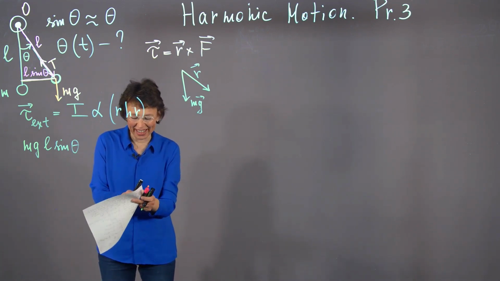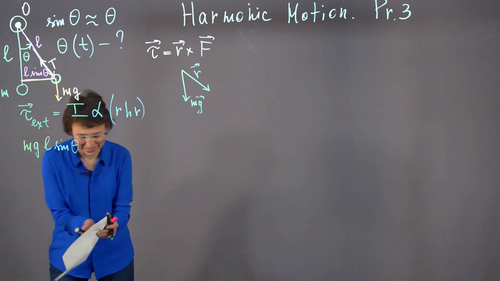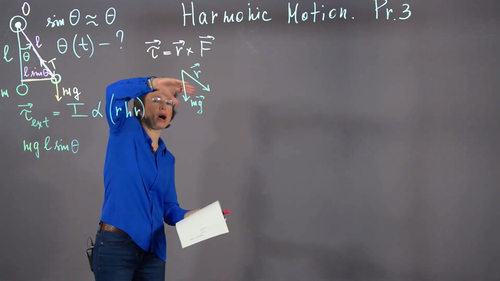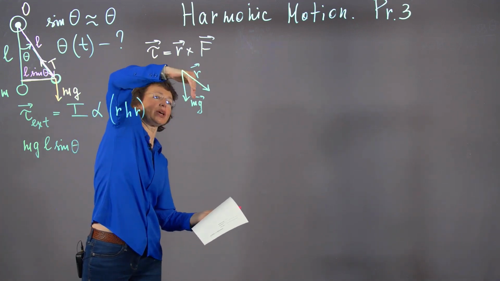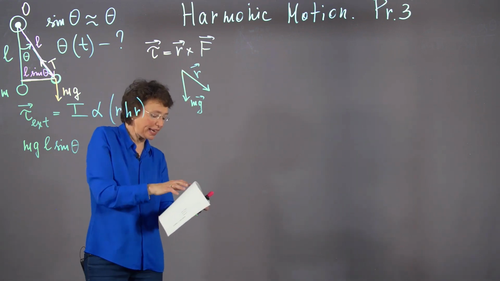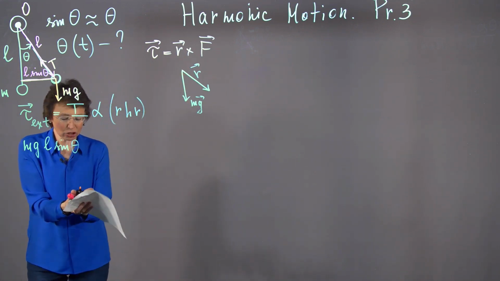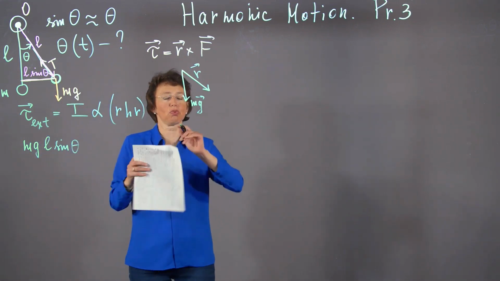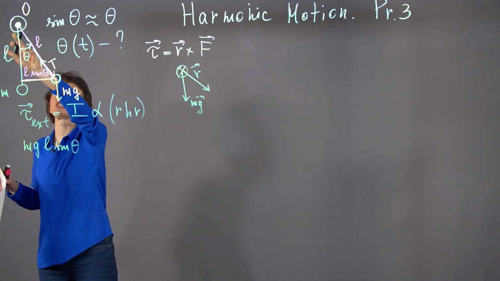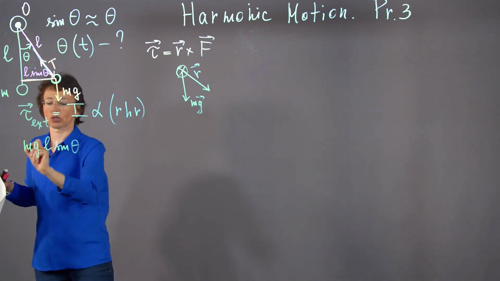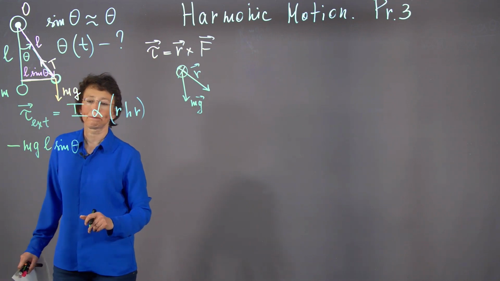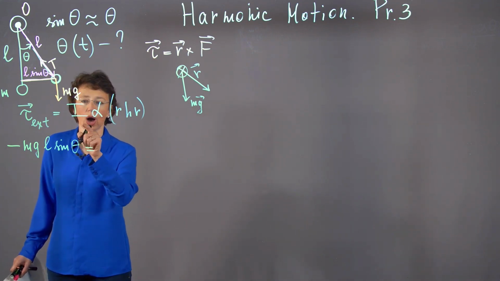I will use my left hand because you see my mirrored image. Let me try. So from R to mg, what will be the direction of the torque? It will be into the board. The direction of torque is into the board, and my positive direction of rotation is out of the board. So the projection of torque is negative. I put minus here.